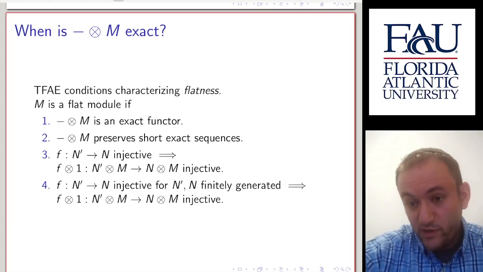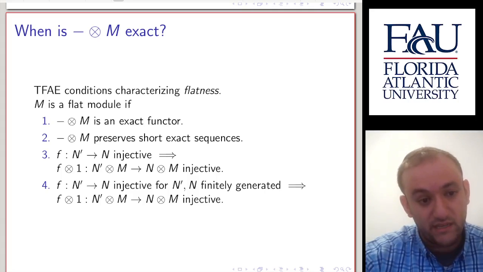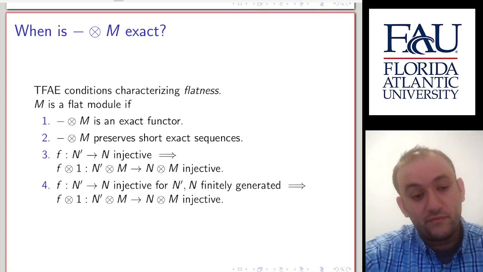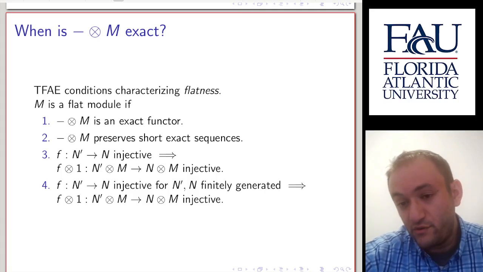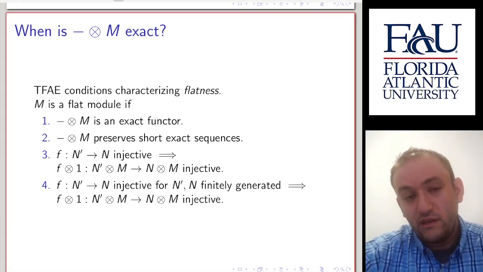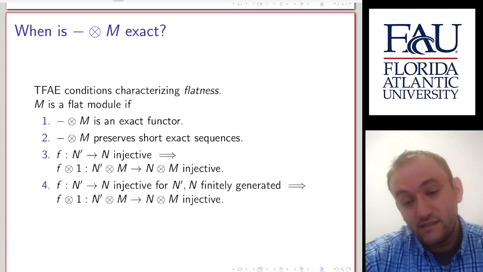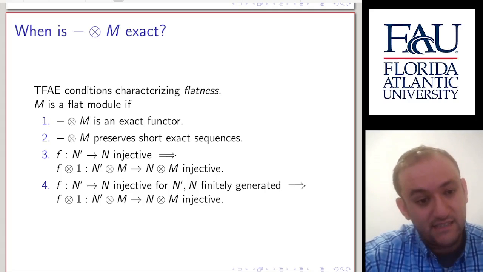So we can express this condition in terms of the tensor inducing an exact functor, as we stated. We can reduce that instead of being an exact functor, so it preserves long exact sequences. It's enough that it preserves short exact sequences.